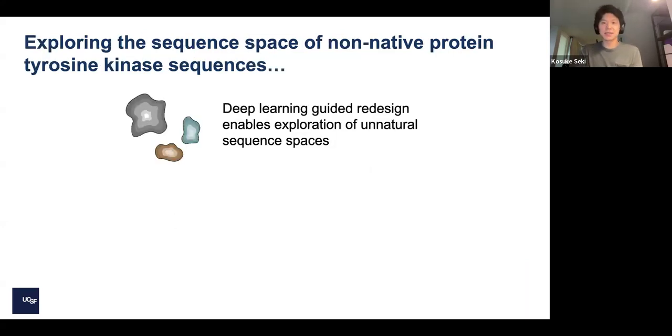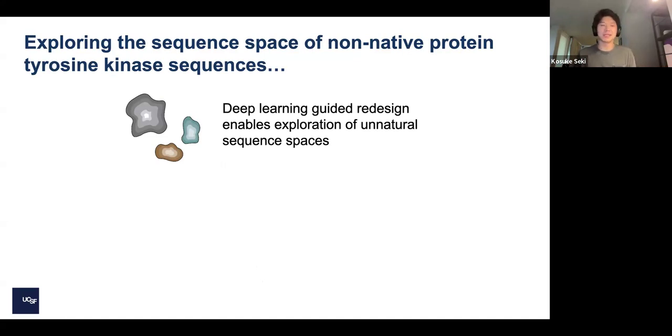So yeah, in this presentation, I told you that we can use these types of deep learning models to explore sequence spaces that would be very difficult to access otherwise. In these types of protein engineering studies, many people oftentimes go one mutation at a time, and each round of doing that takes a very long time. So within one round to go 30 to 50 mutations is, I think, pretty amazing.